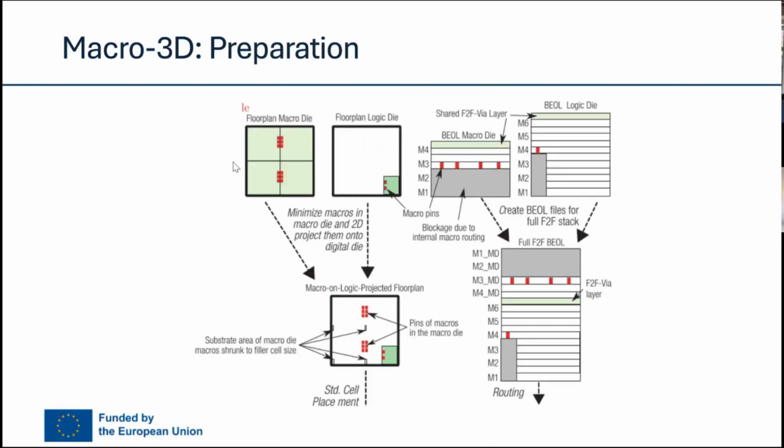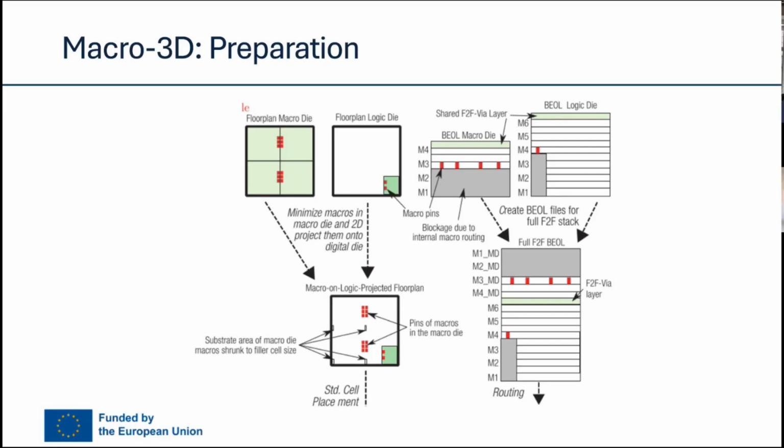Here we have the step corresponding to the floor plan. You can see that when we are working in the bottom die, we can locate some macros with the normal pins without any restriction. When we are locating macros in the top die, this macro we represent with the additional LEF files that we have developed before, while the pins are going to be projected.